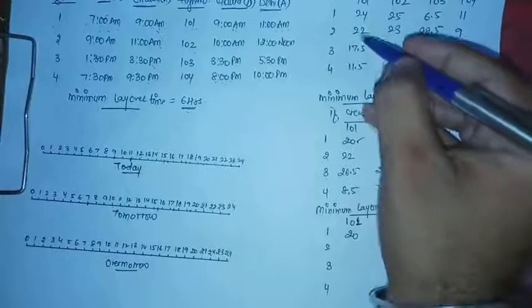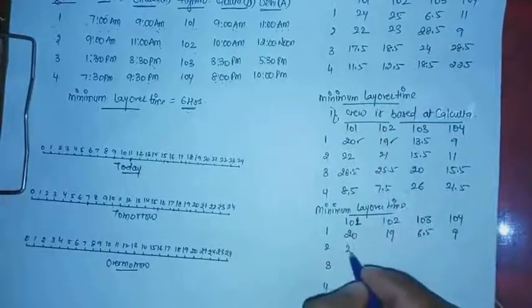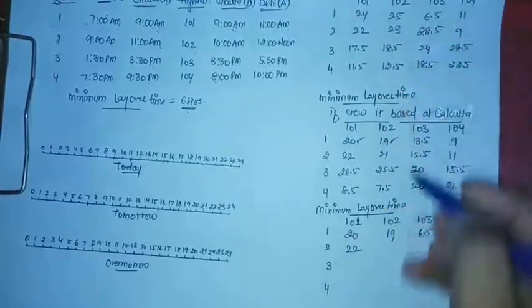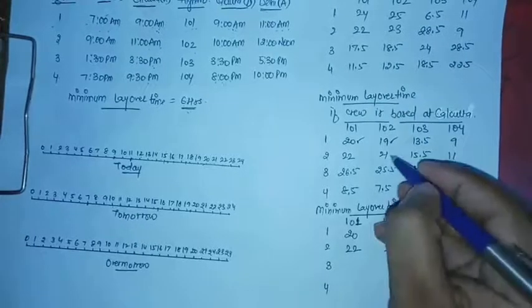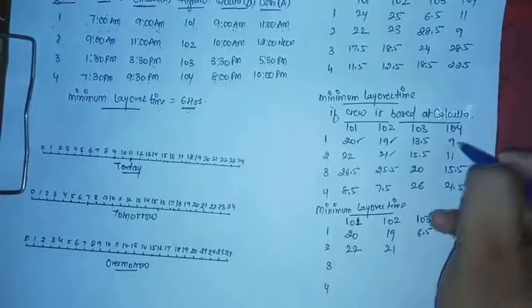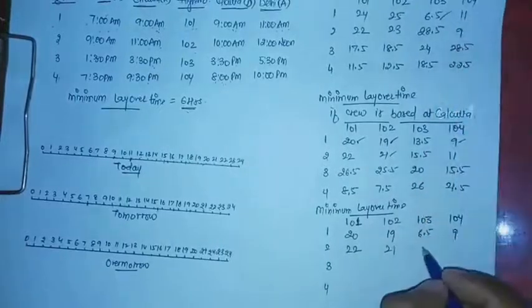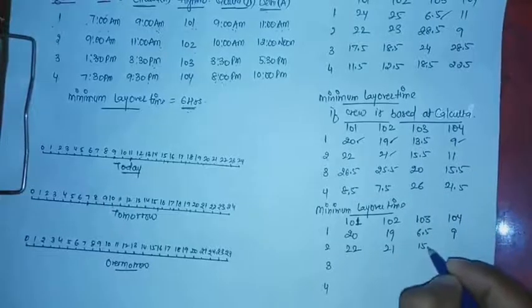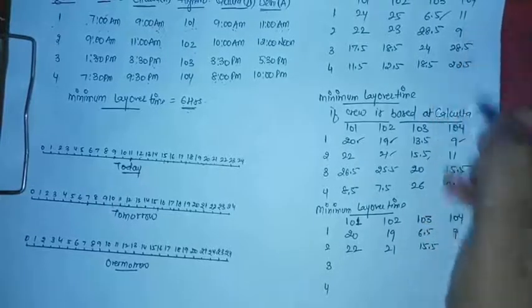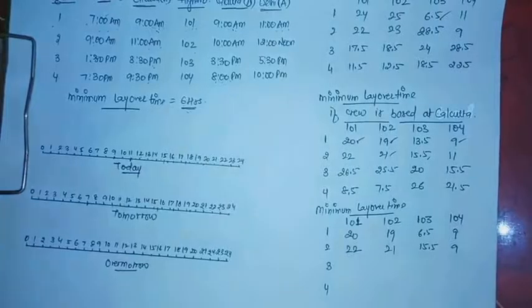Again in the second row, 22 or 22, same, 22. 23 or 21, 21. You can see. Next 28.5, 13.5, sorry, 15.5, 15.5. 9 and 11, 9.